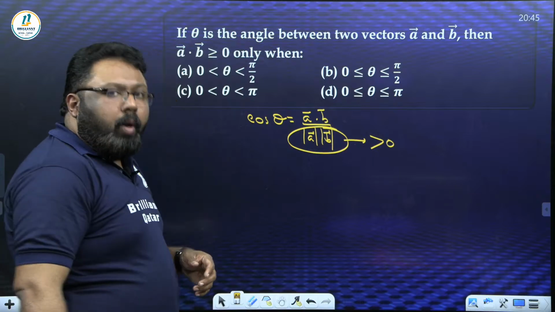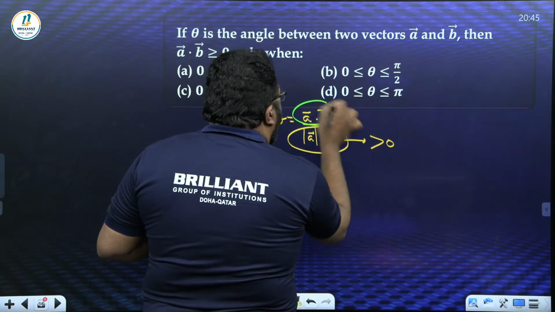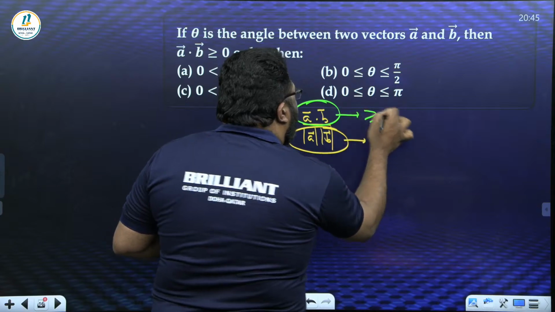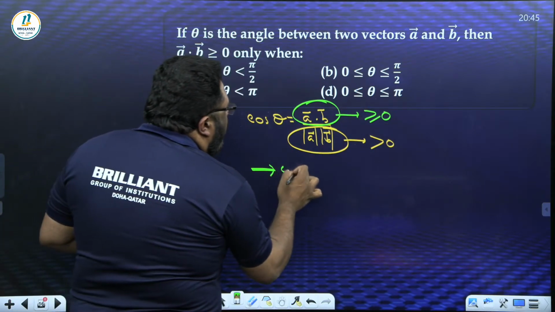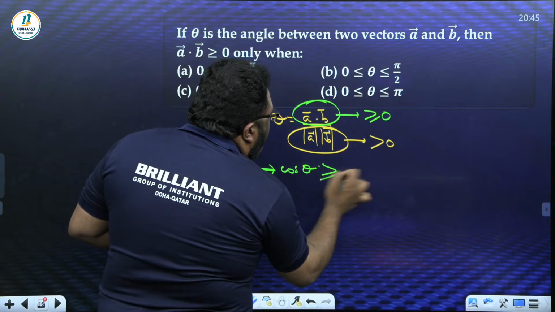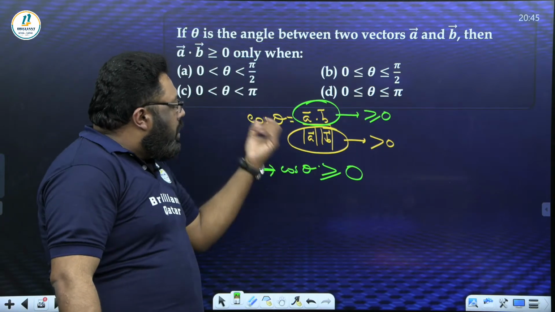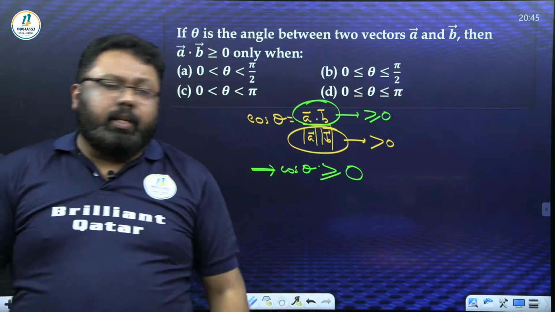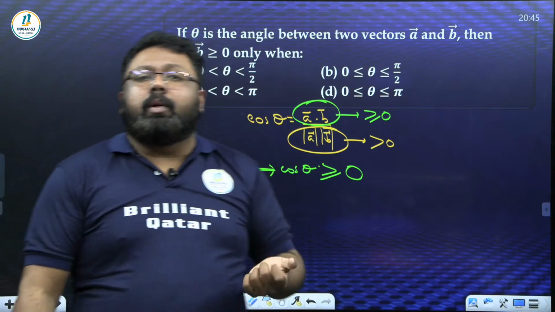Then they gave me that A dot B is also greater than or equal to 0. From this logic, can I also assume that cos theta is greater than or equal to 0? Because A dot B is greater than or equal to 0, and the magnitude is definitely greater than 0, so cos theta is greater than or equal to 0.